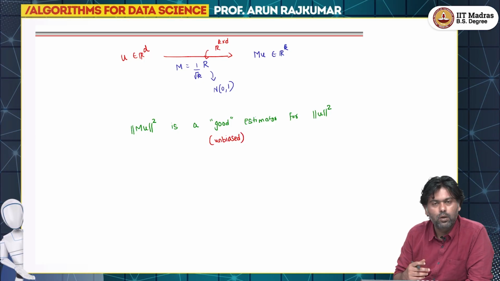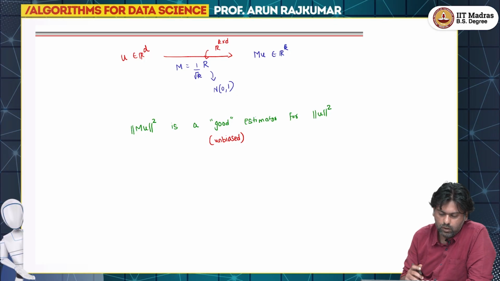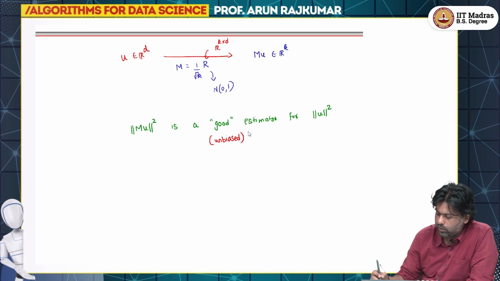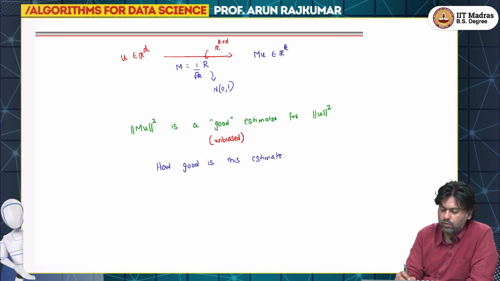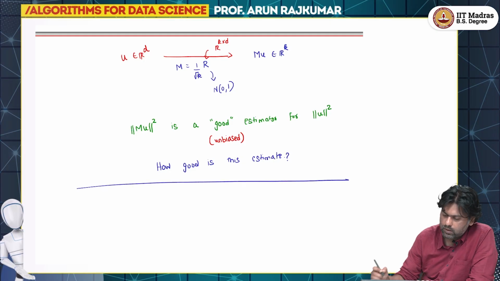So, the expected value of norm of mu squared is actually norm u squared. We will show that later if needed. Okay. So, how good is this estimate? That is what we care about, because we want to preserve lengths after doing this transformation, and then we are asking how good is this estimate. So, let's try to understand this question now.